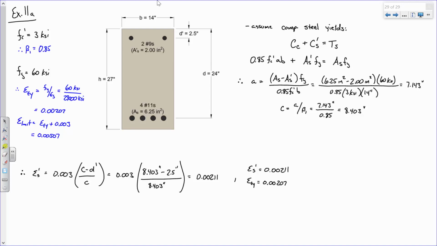Yes. So our assumption that the compression steel yielded is valid. The strain is higher than the strain required to yield it. Again, going off our curve here, this is the strain at yield, and our strain was right there.